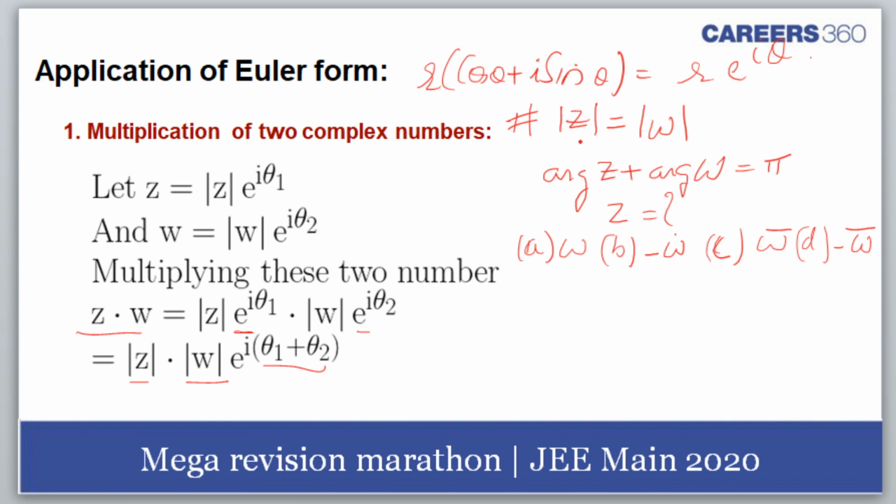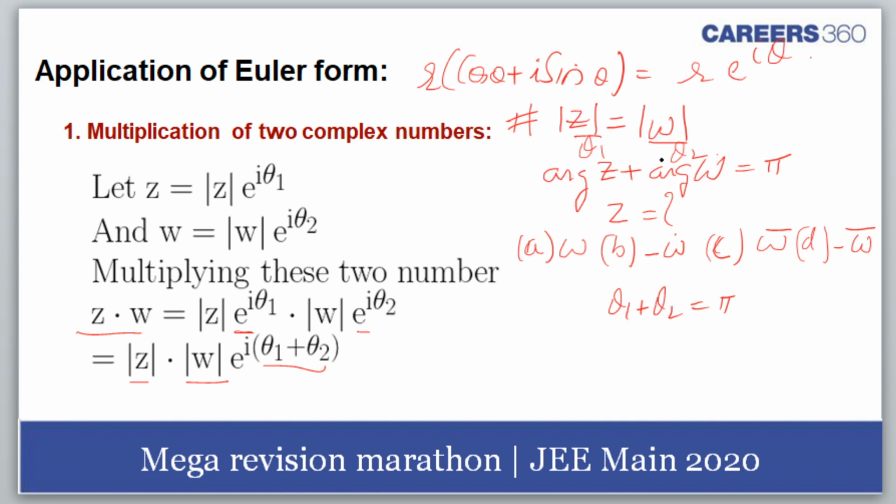So we have mod z is equal to mod w. Let's say argument of z is theta 1 and argument of w is theta 2. So we have theta 1 plus theta 2 as pi. Chiranjeevi C, Jatin D. Deepshika, C you are giving me.